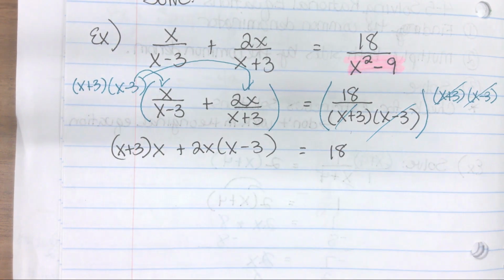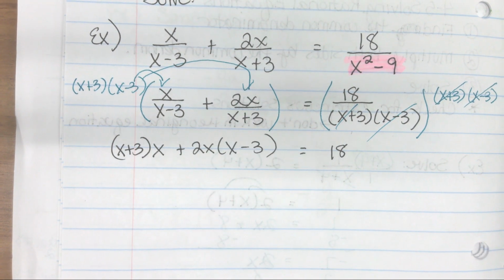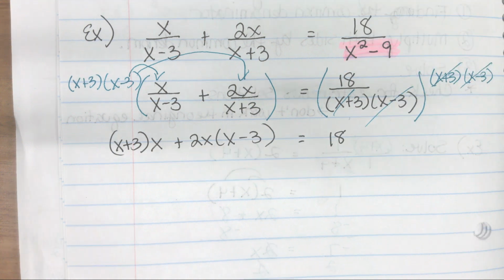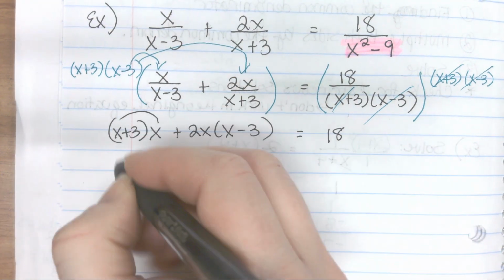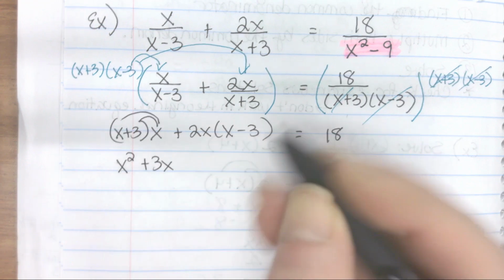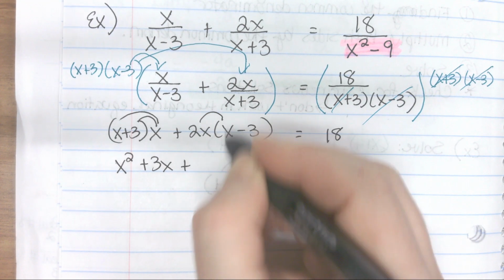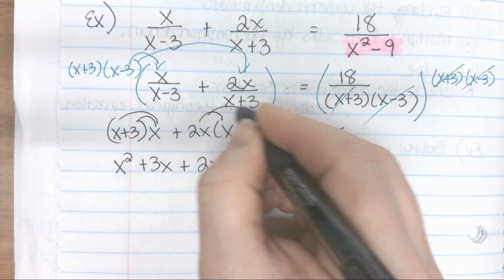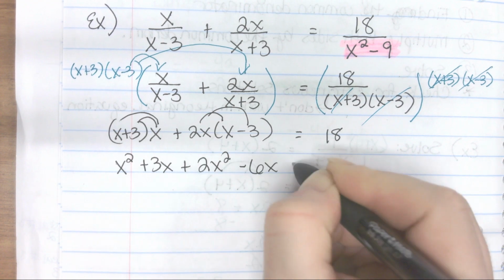When we have two different denominators, the result after we multiply out is going to be a quadratic. So let's go ahead and distribute. I have x squared plus 3x plus 2x squared minus 6x equals 18.